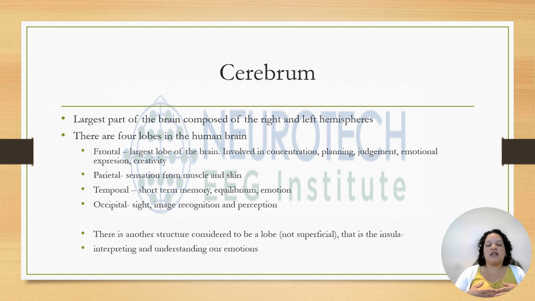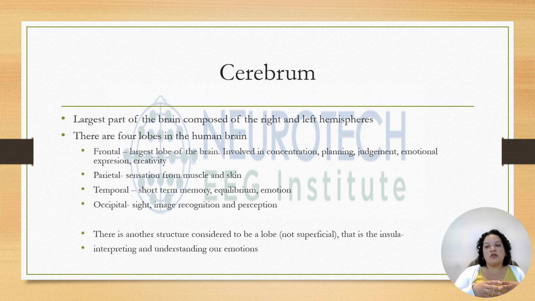And I want to be clear that some of the functions in these lobes might overlap. So what I'm going to mention is the main functions, the ones that you have to be looking for when you get a case, a patient with a certain type of symptoms. Then you want to think about what the main functions of each lobe are.